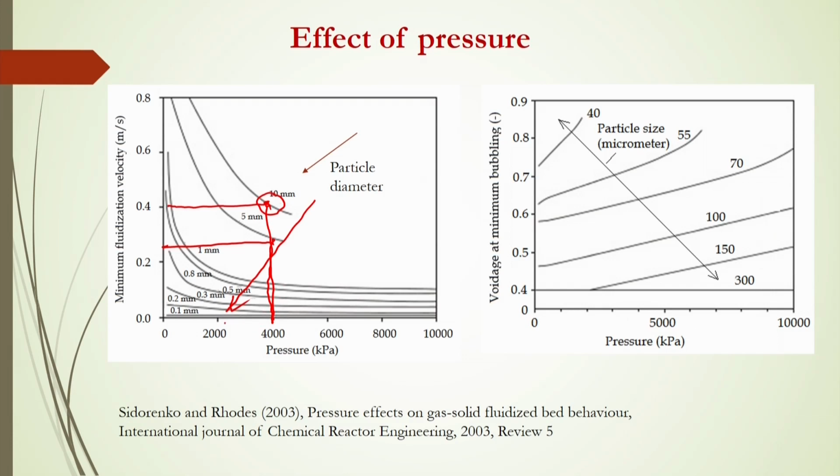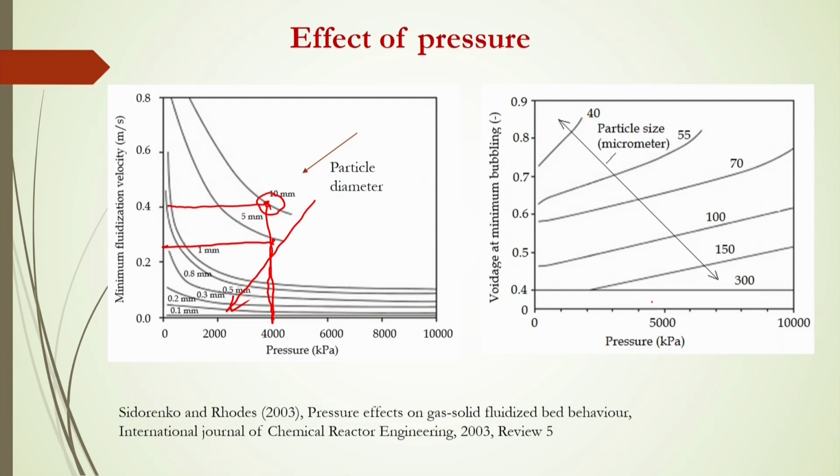So, if you change the pressure drop to this lower value, accordingly the minimum fluidization will also be affected. Here in this case, the voidage is at minimum bubbling. Now, if you consider the bubbling fluidization regime, the fractional voidage, or fractional gas hold-up inside the bed, will decrease if you increase the particle size in micrometers.